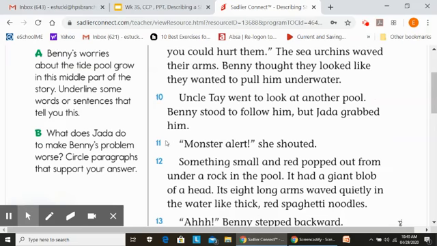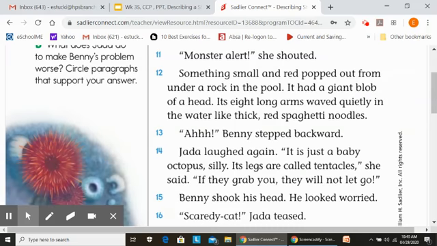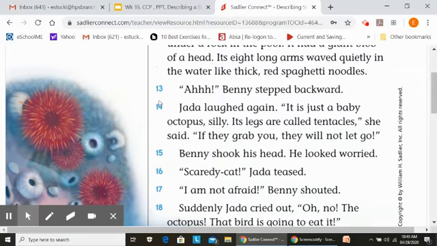Monster alert! she shouted. Something small and red popped under a rock in the pool. It had a giant blob of a head. Its 8 long arms waved quietly in the water like thick red spaghetti noodles. Oh! Benny stepped backwards. Jada laughed again.